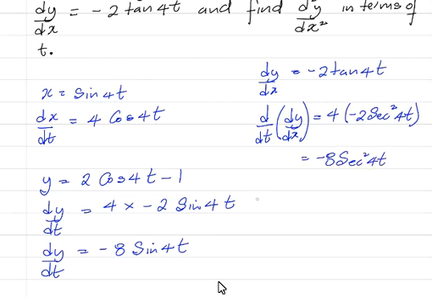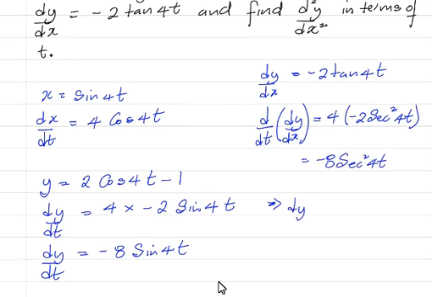Now, therefore, d2y by dx squared would be equal to minus 8 sec squared 4t multiplied by 1 over 4 cos 4t.